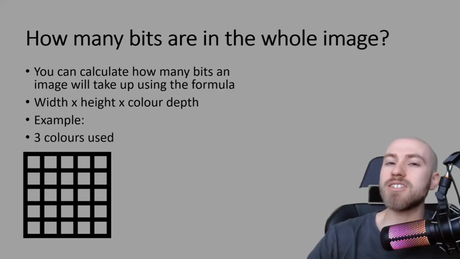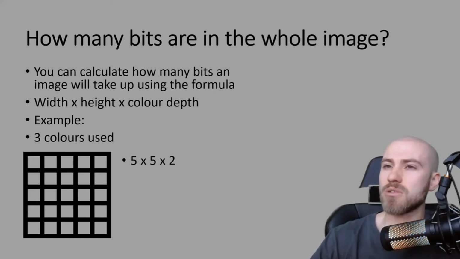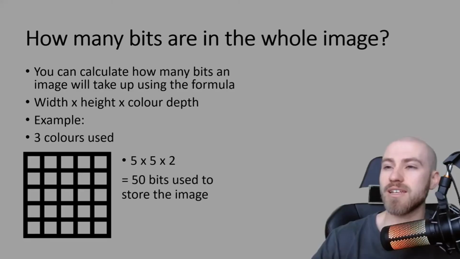Now we know we need at least 2 bits to be able to create 3 different colors. So this image next to me has got 25 different pixels. So to calculate this resolution, I did 5 times 5. And then because the number of bits needed was 2, I'm then going to times that by 2. So in total, that's going to give us 50 bits to store the image.